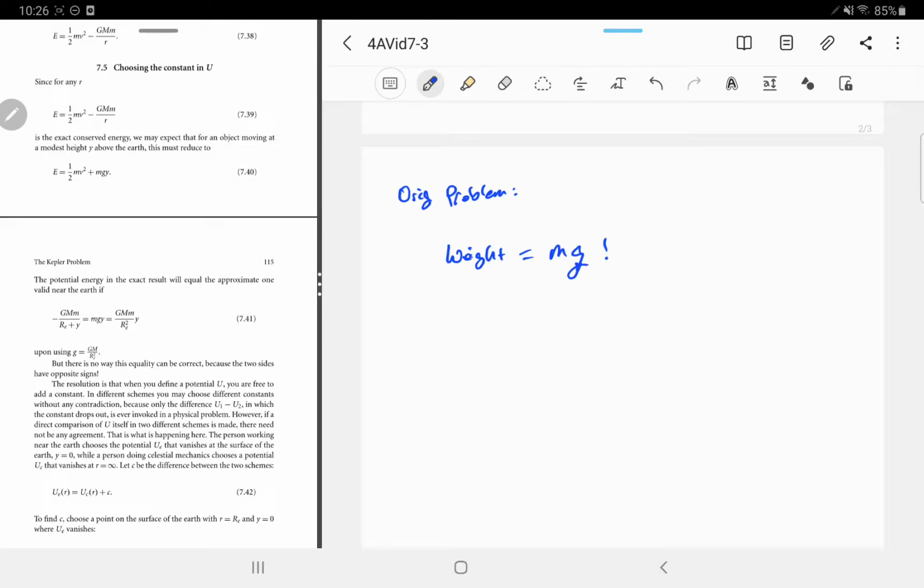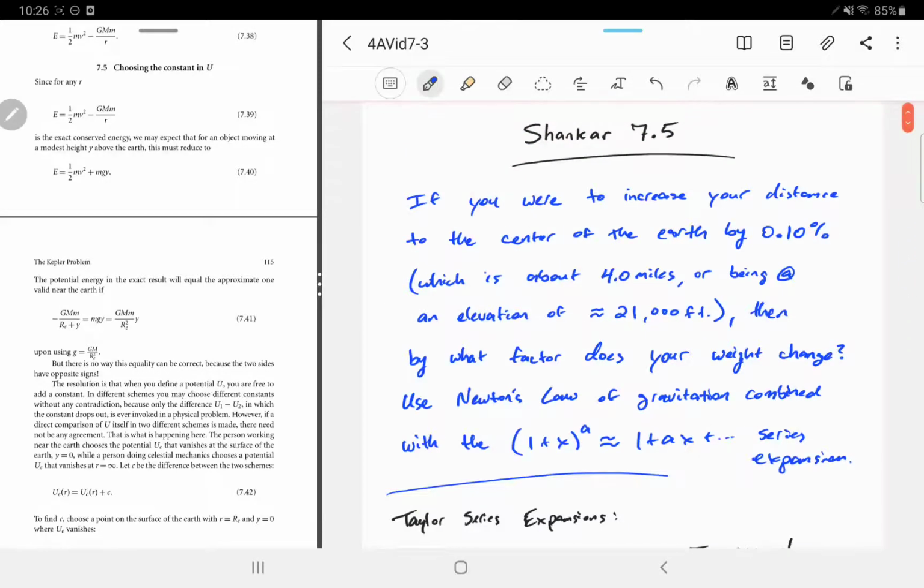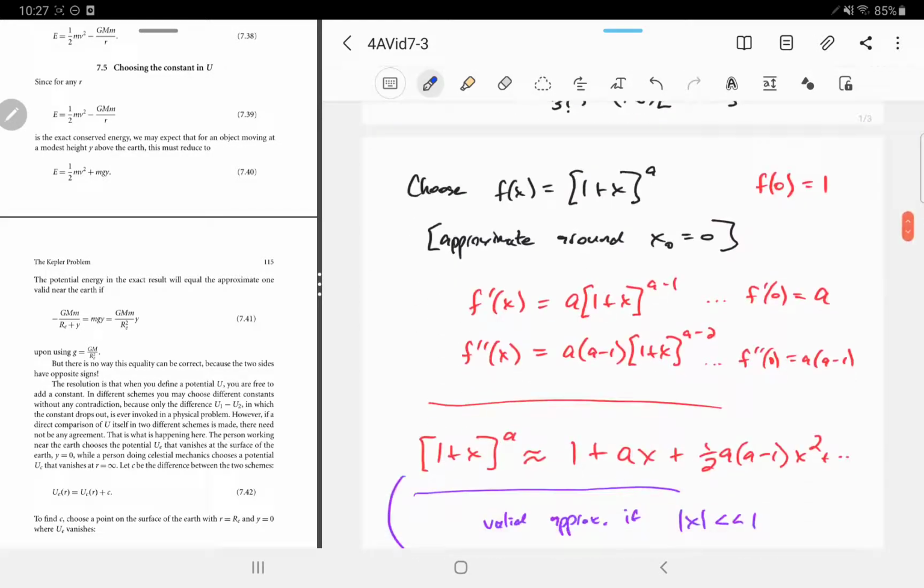But this is not allowing for variances in the distance that you are from the center of the Earth. Well, this is true, but we want to know a relatively fine detail. It's true that weight is mg, but if you say weight equals mg, m doesn't change, g doesn't change, then you're saying that the gravitational force is the same no matter how far you are away from the center of the Earth. So this is too big an approximation.